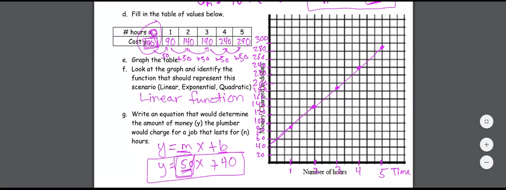You cannot just jump from an hour to 2 hours without going through the numbers in between 1 to 2. So that's why this is a continuous variable and the function is continuous. And when we have a continuous variable, we use a continuous function or linear functions in this case.